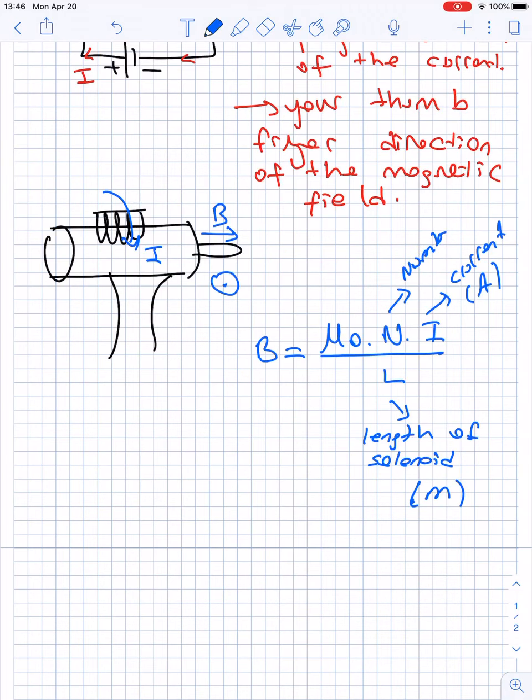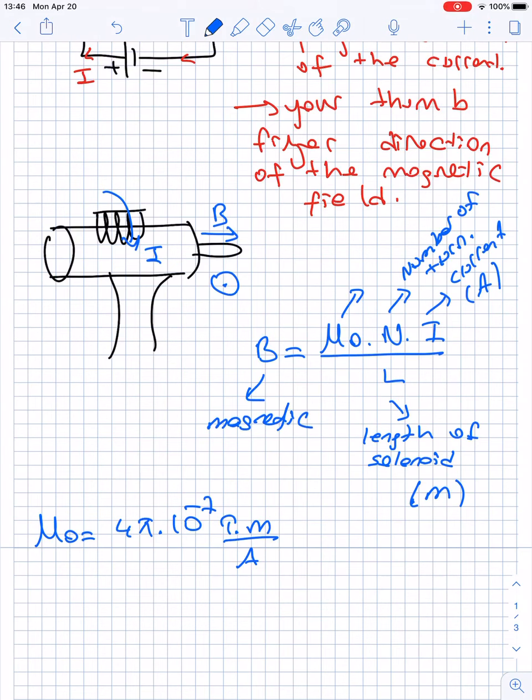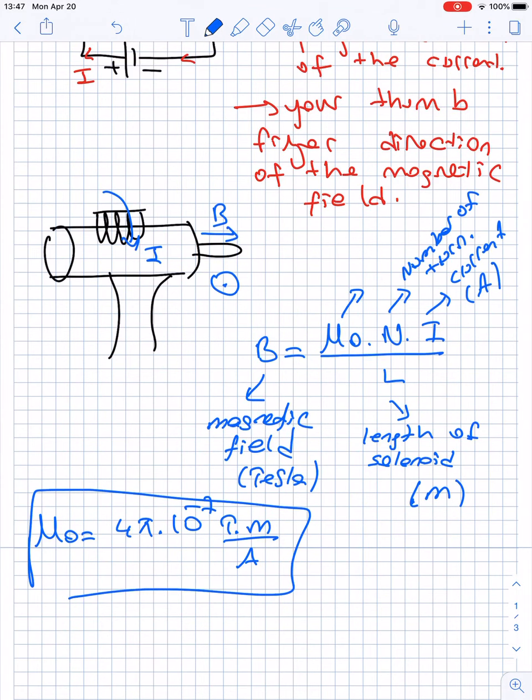N is the number of turns, and mu 0 is a constant. Mu 0 equals 4 pi times 10 to the power minus 7 tesla meter per ampere. And B, the symbol of the magnetic field, has the unit tesla.